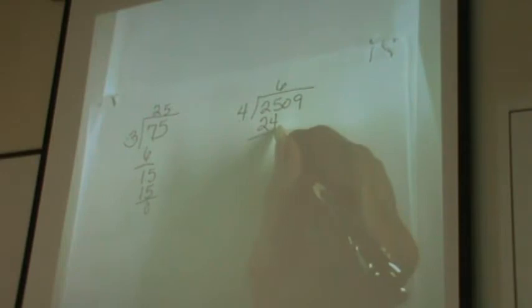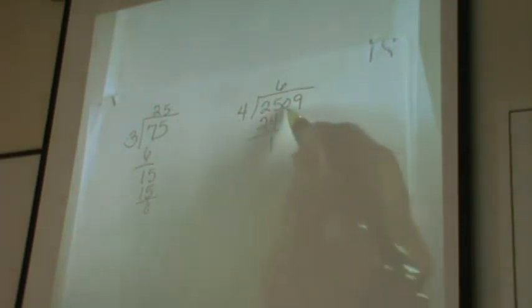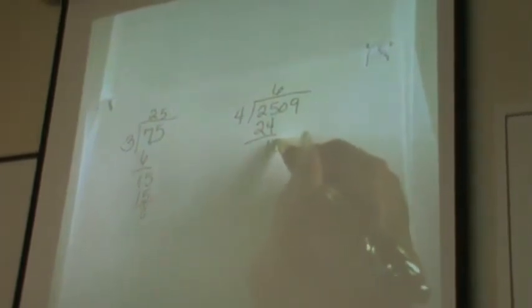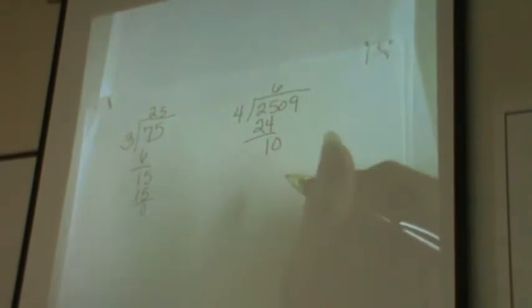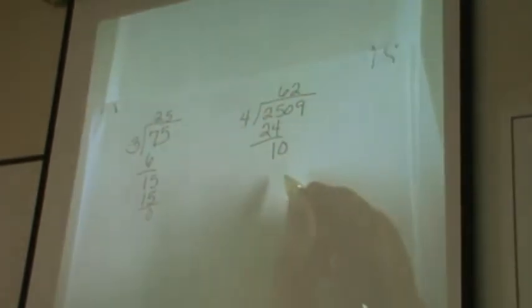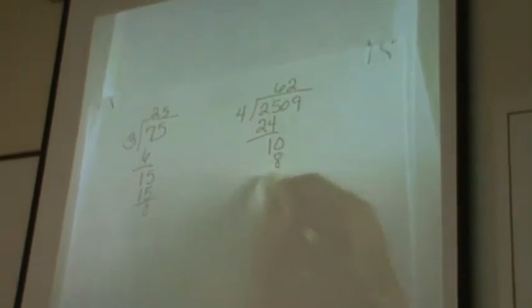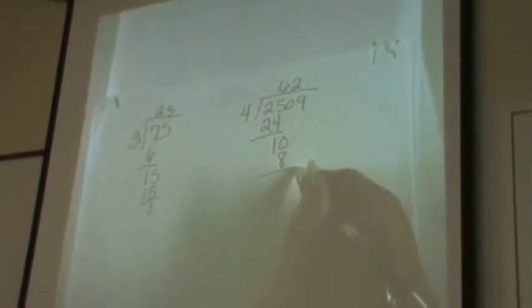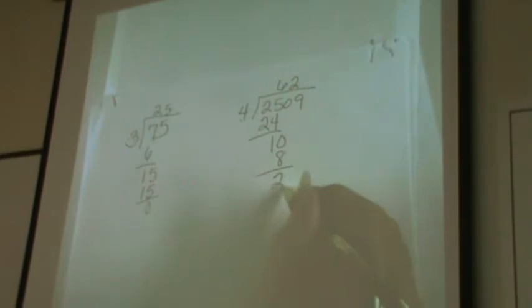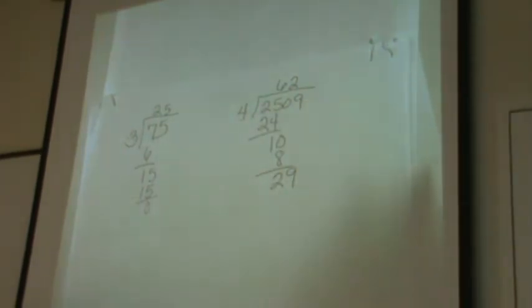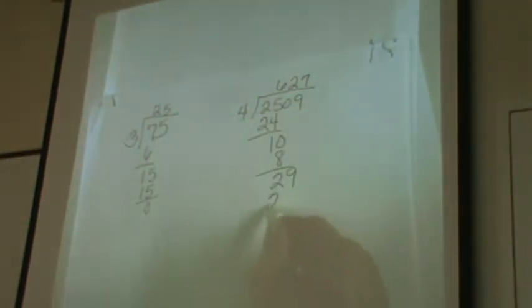Subtract that is 1. Bring your next number down. 4 into 10. 2. 2 times 4, 8. Subtract that. 2. Bring your next number down. 4 into 29. 7. 7 times 4 is 28.